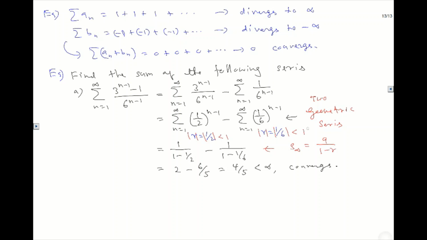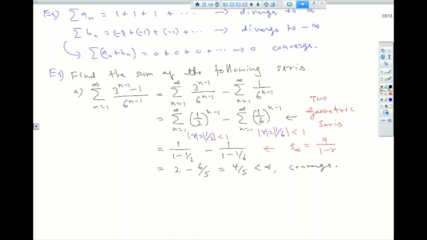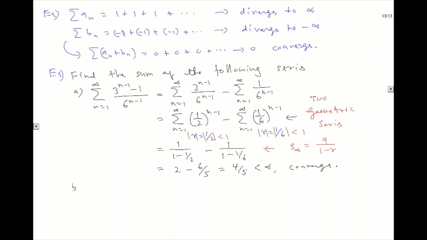So let's look at another example. You can see it's very simple. How about this one, B? Sigma n going from 0 to infinity, 4/2^n. This is very similar. You take the constant out, so it's 4 times sigma n going from 0 to infinity, (1/2)^n. In this case, r equals 1/2.